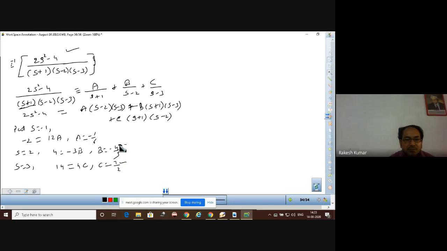So now this expression can be rewritten as minus 1 by 6 over s plus 1, b is minus 4 by 3 over s minus 2, and c is 7 by 2 over s minus 3. Now you can find the Laplace inverse of this.